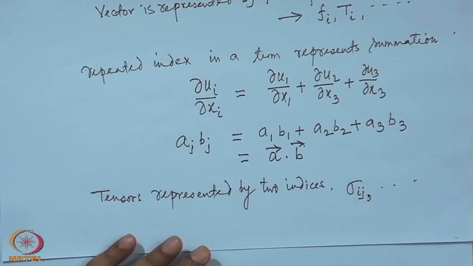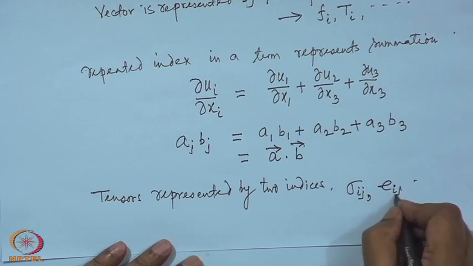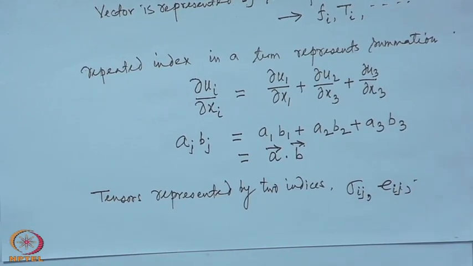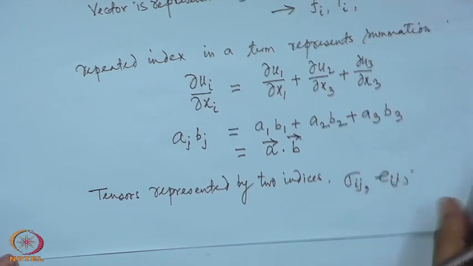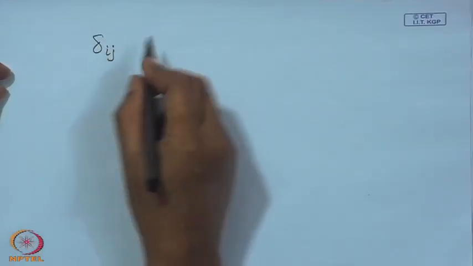Whenever there are 2 subscripts attached to a letter, it represents a tensor, whichever letter you write. Stress and strain are the familiar examples that you have already come across. We will define 2 special tensors. One is a second order tensor known as delta i j, known as the Kronecker delta.